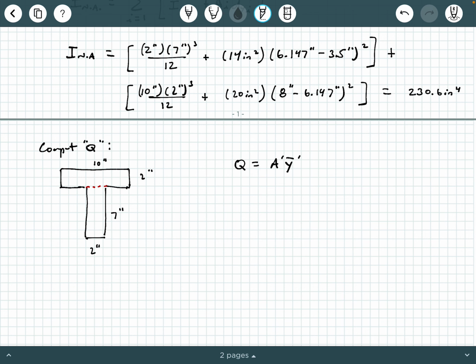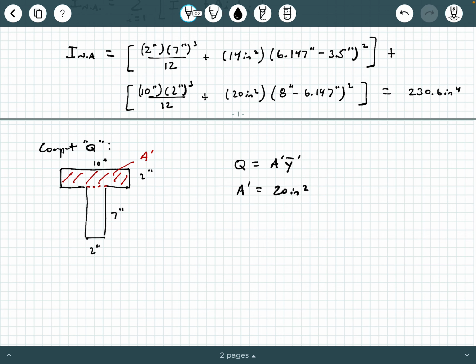So if we're interested in what's going on around this interface, A prime could either be the flange or the web. Either one is fine, okay? So let's call the flange A prime, all right? And so if that's the case, A prime is going to be 20 square inches, all right?